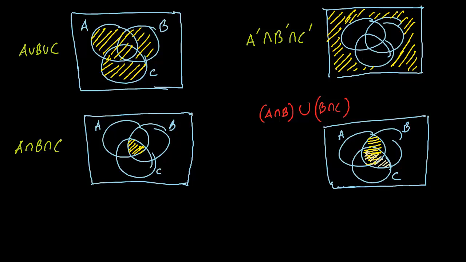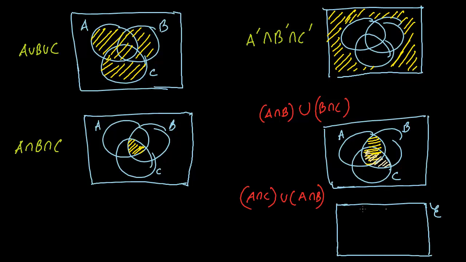Now in the next question, if you have A intersection C union A intersection B, the shaded region would be, so A intersection C is this region over here and A intersection B is this region over here. So you shade both and you leave it. So this is the intersection union.